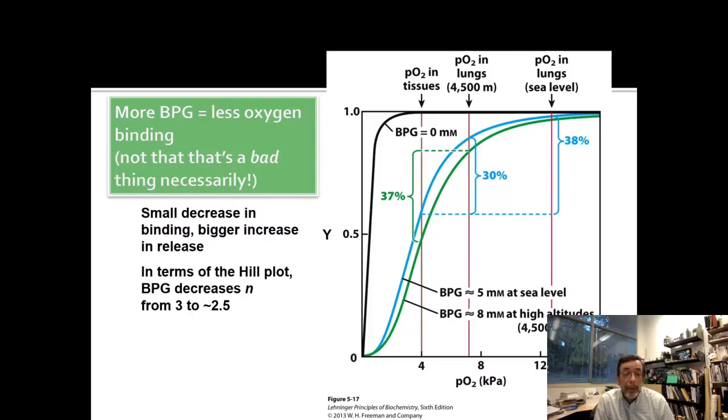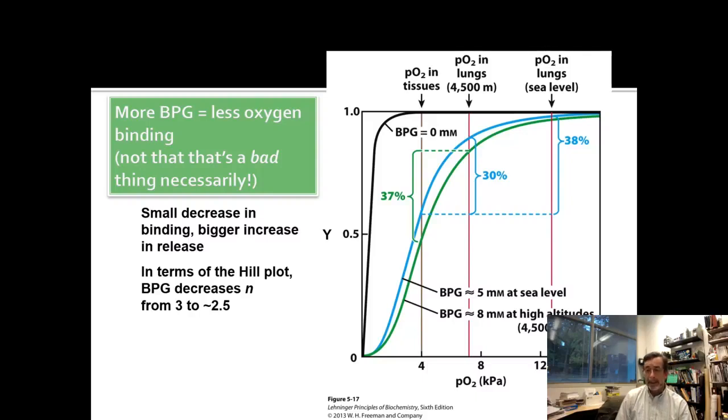Now, in terms of the Hill plot, if the slope of this line is changing, the slope of the Hill plot is also changing. The slope of the green line is shallower, which means the Hill plot will also have a smaller slope and a smaller number. The Hill coefficient is going to decrease from around 3 to around 2.5.